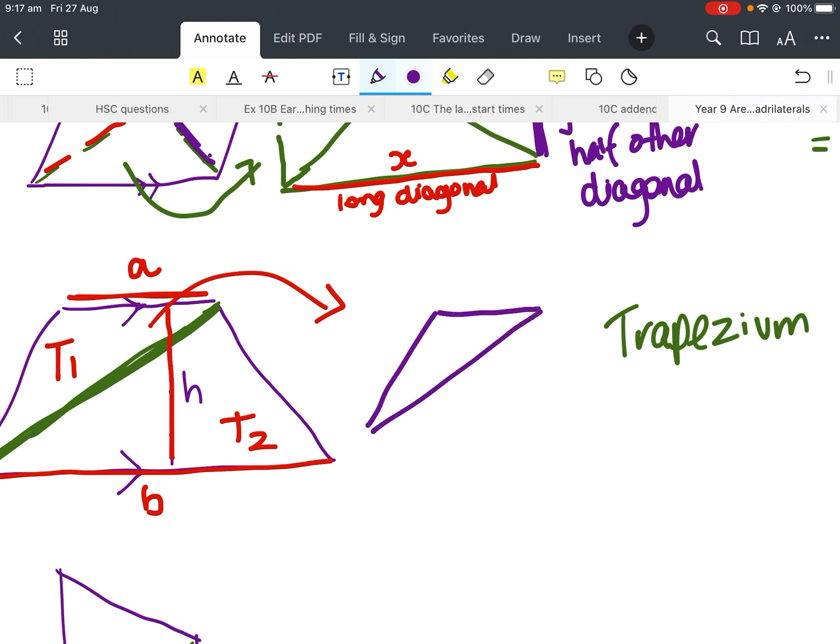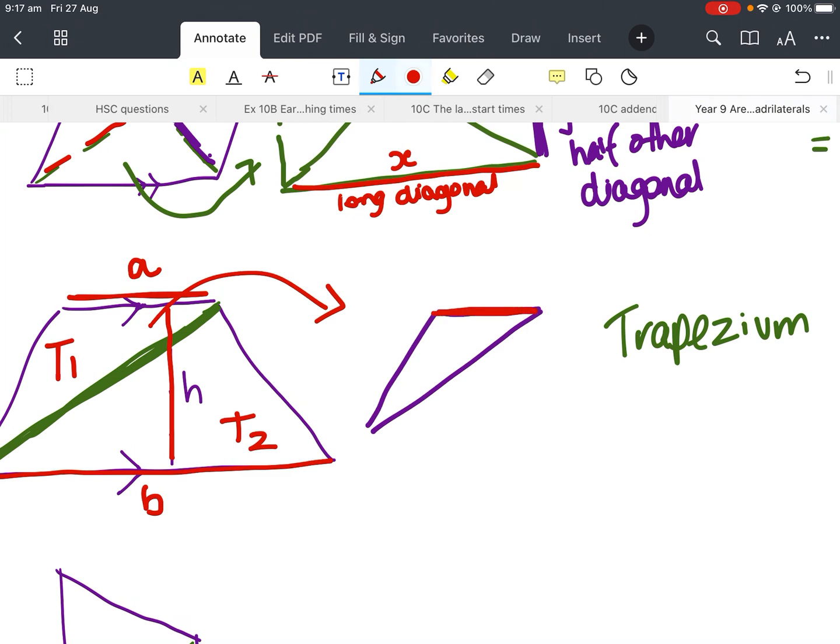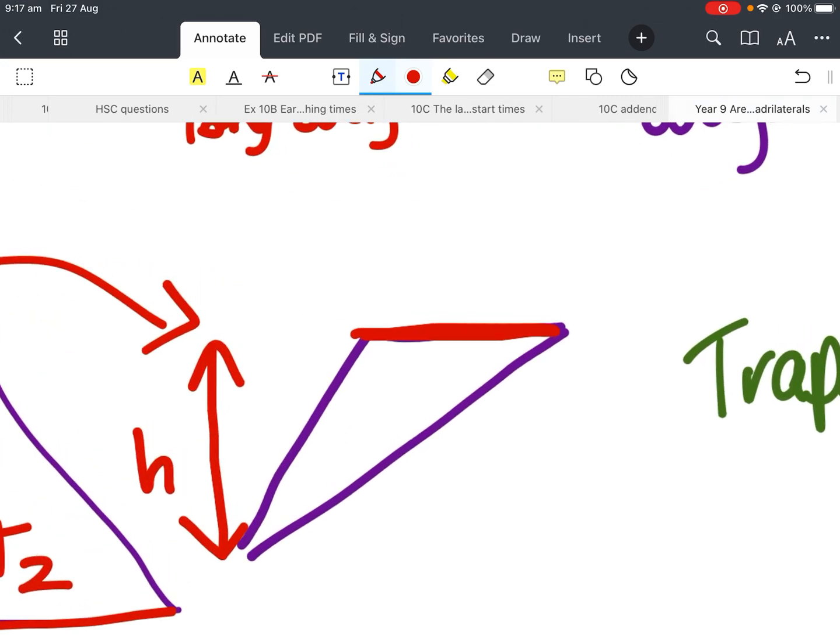Something like that, and I'll do it in red. So the base is this one, and the height is this one. And we're going to call this the base, but for safety's sake, we're going to call it an A.